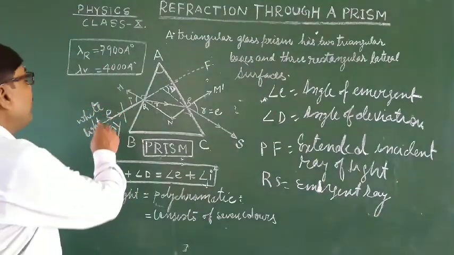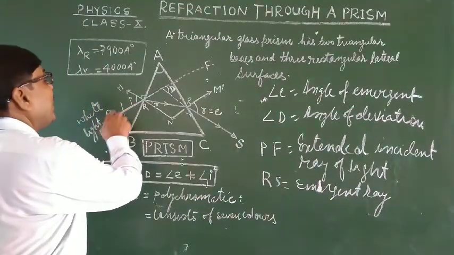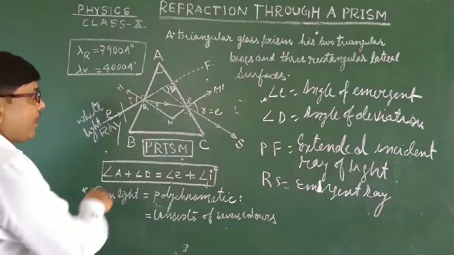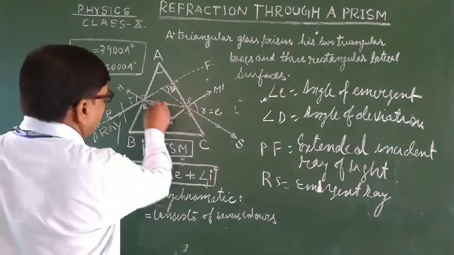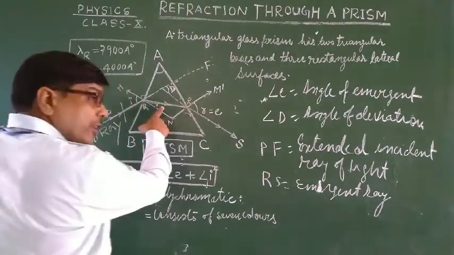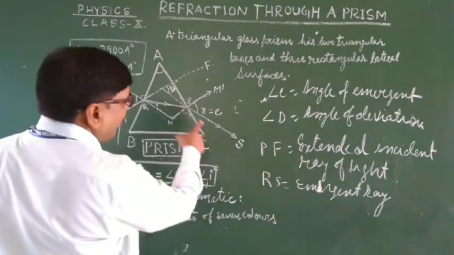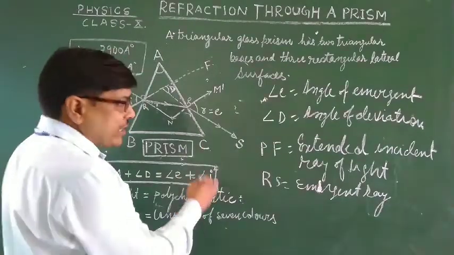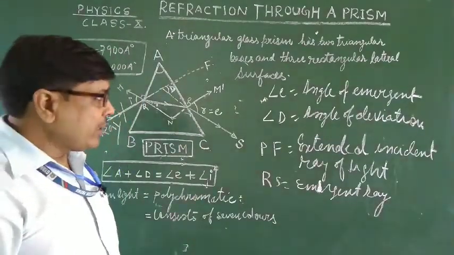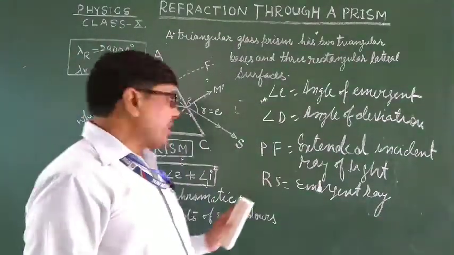So this is once again PQ, the incident ray. QR is the first refracted ray, and RS is the final refracted ray, which can be called the emergent ray of light.